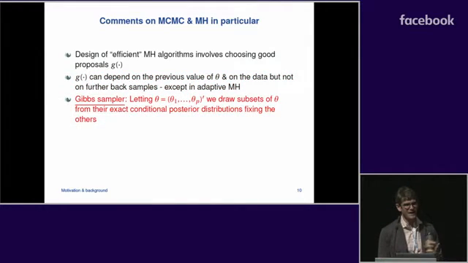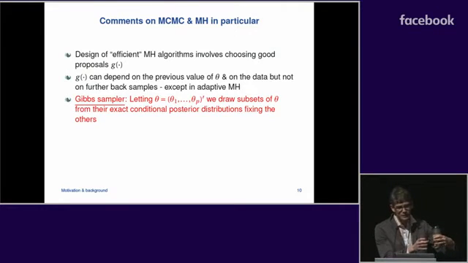So the special cases: the Gibbs sampler. If we say all the parameters are theta, a big giant vector theta 1 to theta p, then we can draw subsets of theta from their exact conditional posterior distributions, fixing the others. We have a Gibbs sampler. So theta 1, if we fix all the other parameters and go through the algebra, might just be a Gaussian distribution.